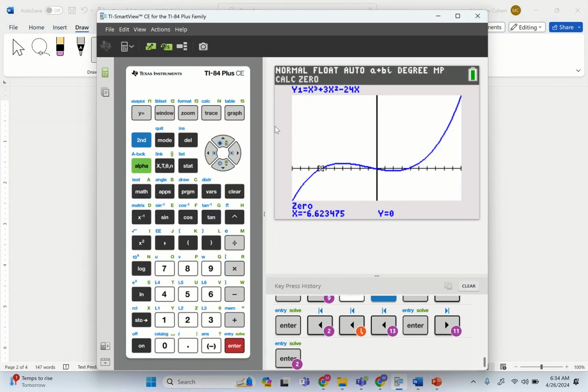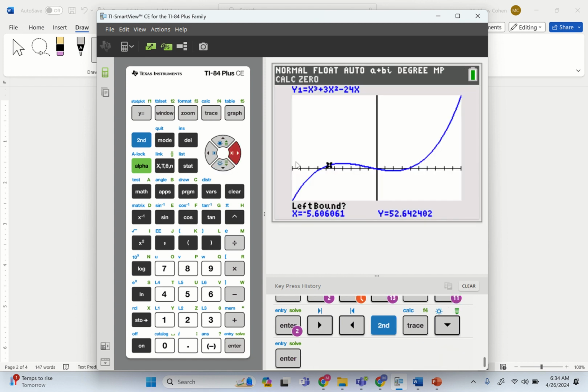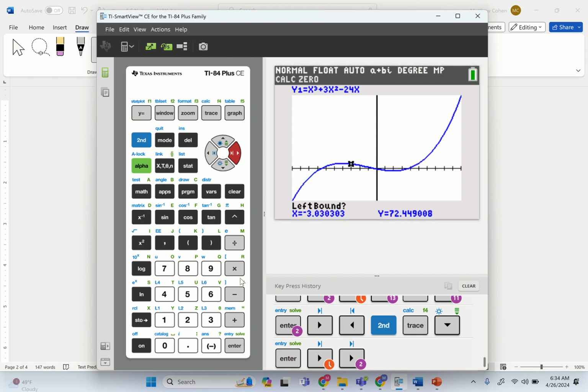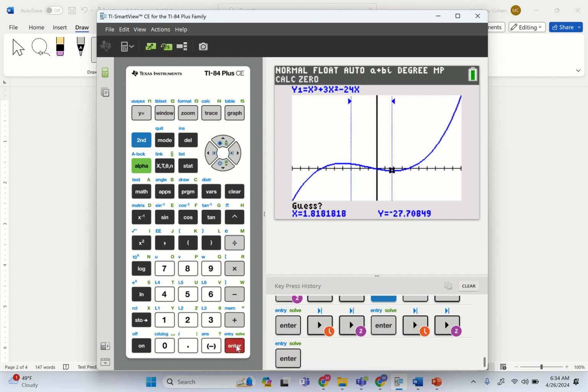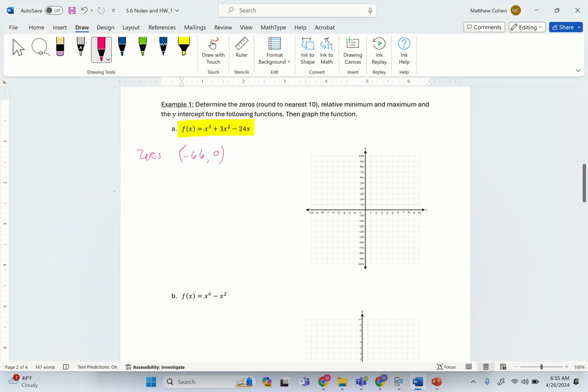And we can do this for the next two zeros. So if I go to second, trace, 0, now I'm going to be to the left of this next 0. It doesn't matter exactly where I am as long as I'm to the left of it. So my left bound will be here. I'm going to go to the right of that next 0, hit enter, enter again, and my next 0 is at x equals 0 and y equals 0, so (0, 0).